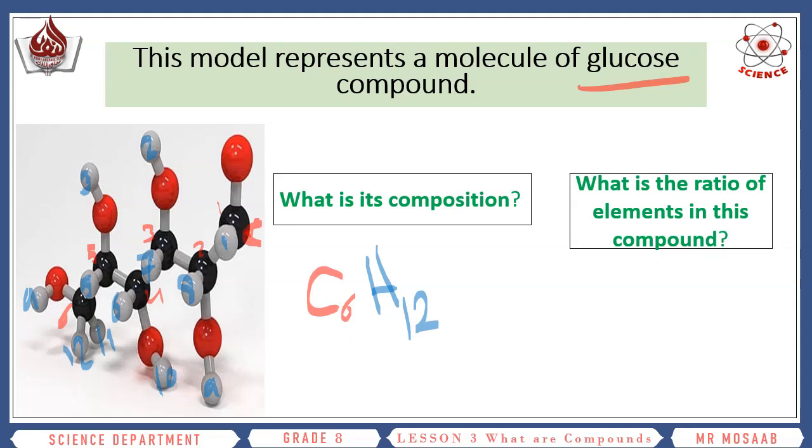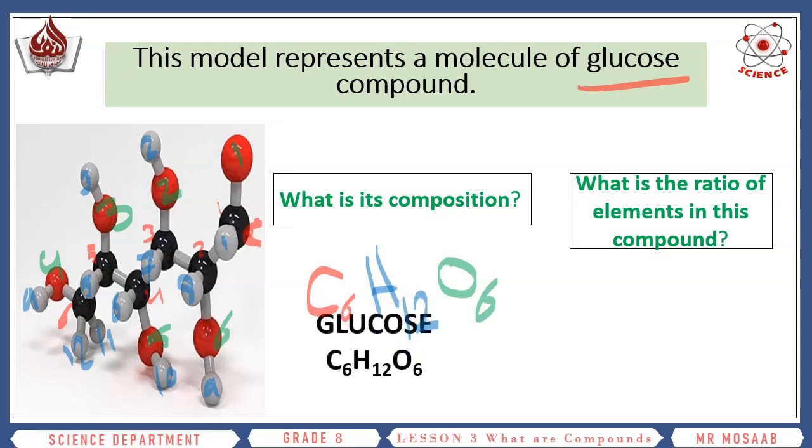And the red one represents oxygen. Oxygen: 1, 2, 3, 4, 5, 6. So for oxygen, O6. So this is the composition of glucose: C6H12O6.